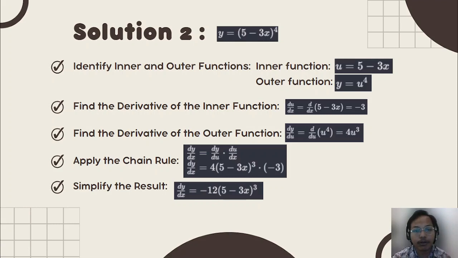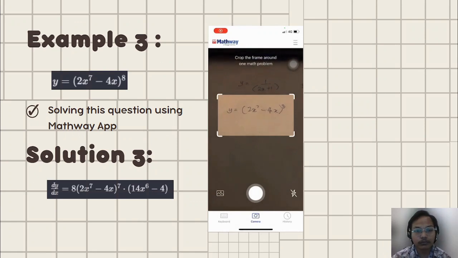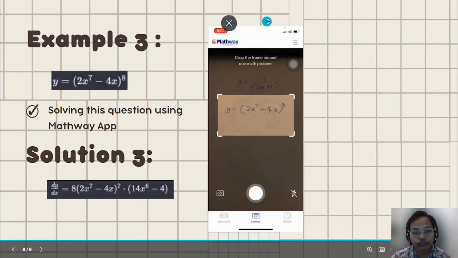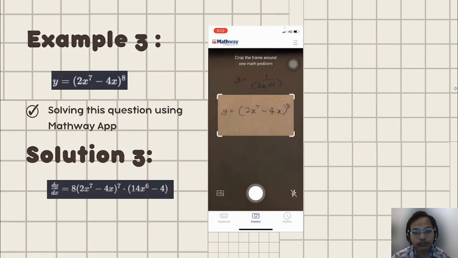As for example number 3, I will be providing a video of a recommended application for my solution. After I just finished explaining the two questions, this question I will snap and use Mathway, a recommended app to solve mathematical questions.